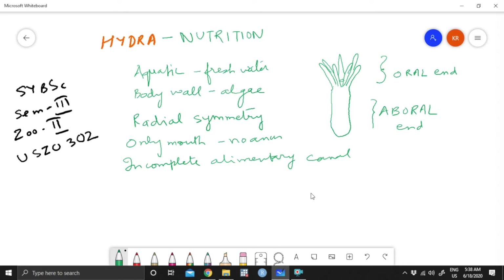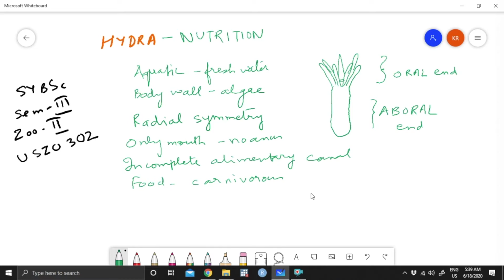So let's now see what is the food of these animals. So food is, all these groups of animals that we include in this particular phylum, they are all carnivorous.